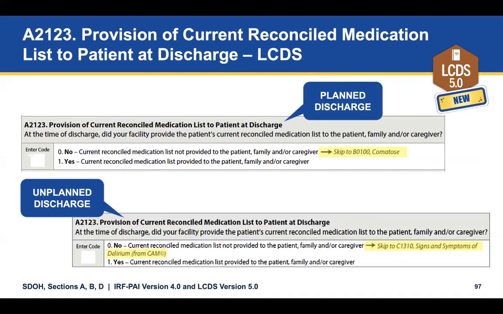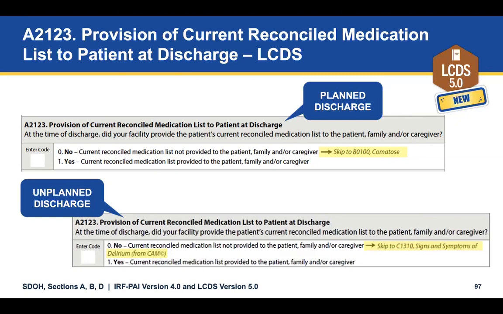And here are the snapshots of A2123 as seen on page 5 of both the planned and unplanned discharge of the LCDS. The only difference between the planned and unplanned discharge on the LCDS for data element A2123 is the skip pattern related to code 0, no. On the planned discharge, if the response to A2123 is code 0, no, the assessor should move on to complete B0100, comatose.